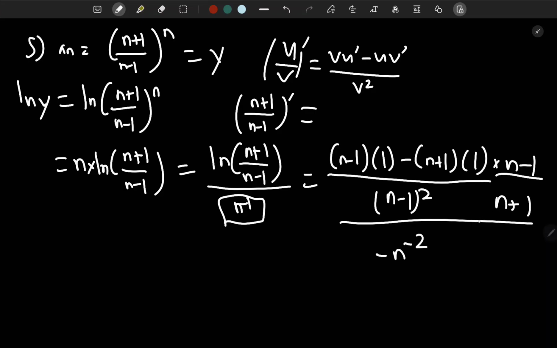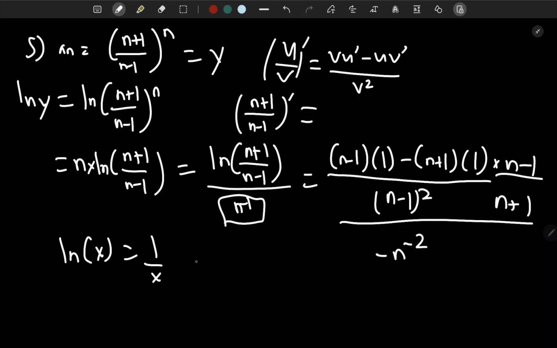And the last thing which you might be confused about is how do we get n minus 1 over n plus 1? So what is the derivative of, let me write it over here. If you're finding the derivative of ln x, it is 1 over x, right? So here we were finding the derivative of ln of n plus 1 over n minus 1.